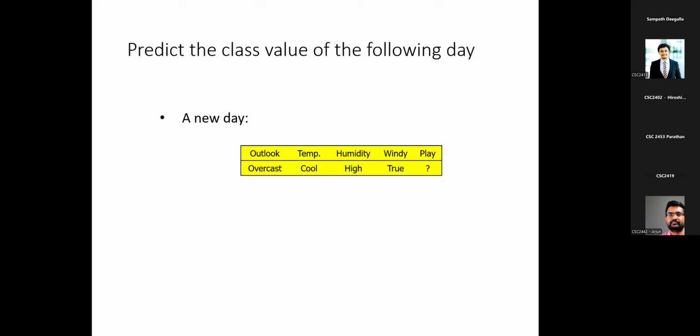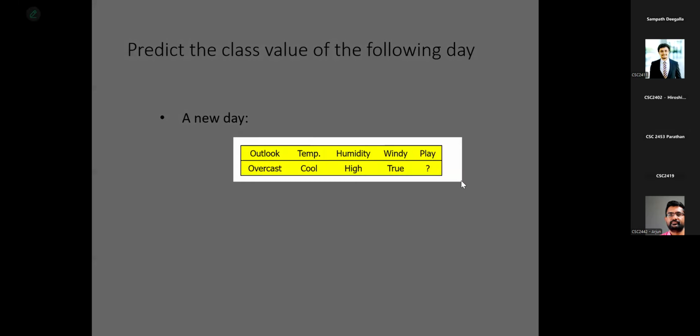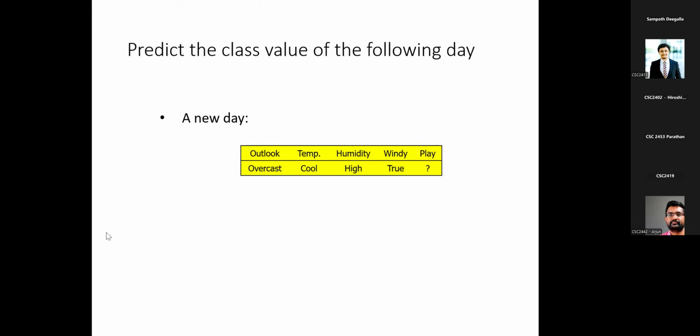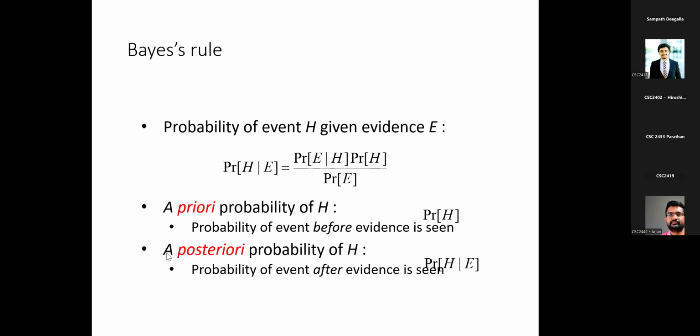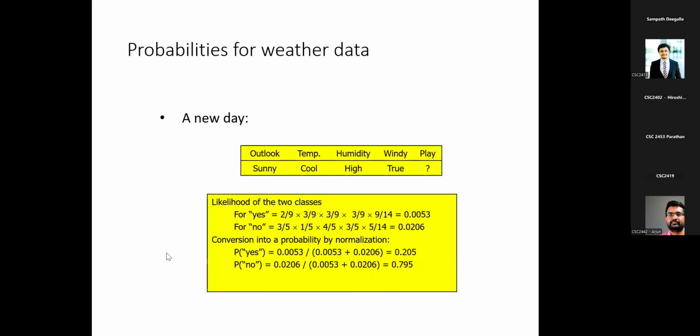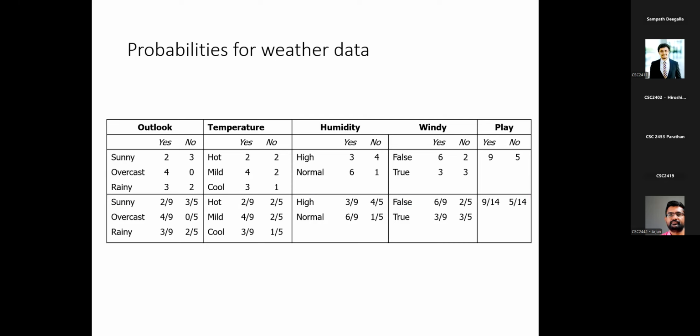So it says outlook is overcast, temperature is cool, humidity is high, wind is true. What is play? So let's go back. Calculate the probabilities like this.